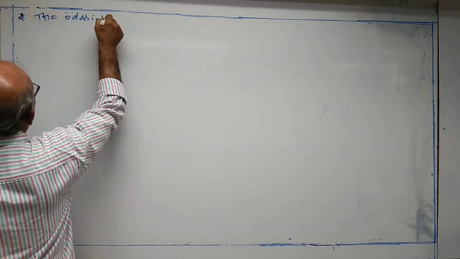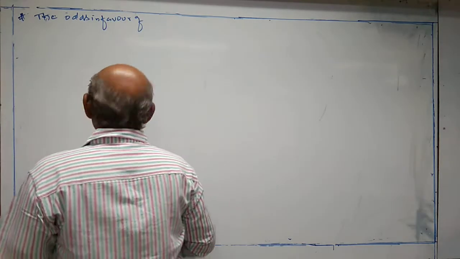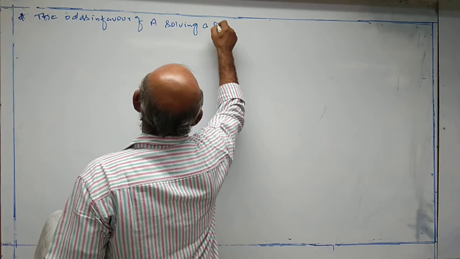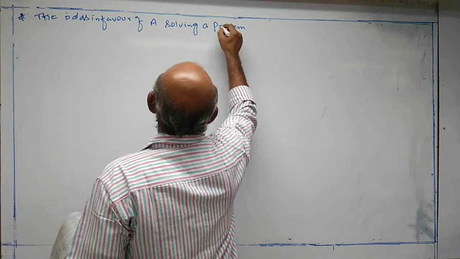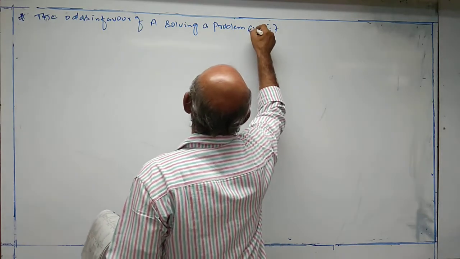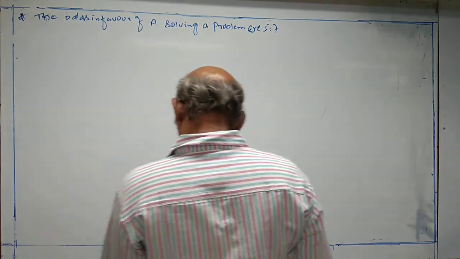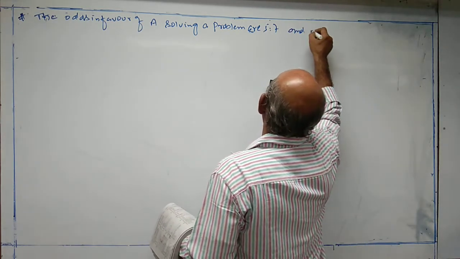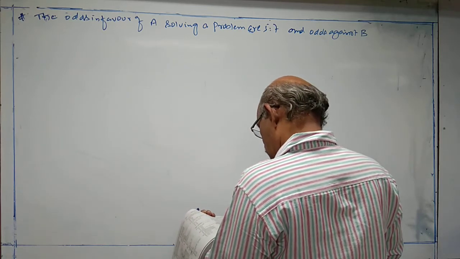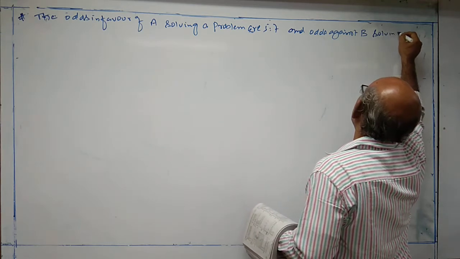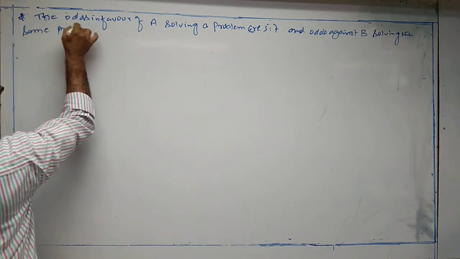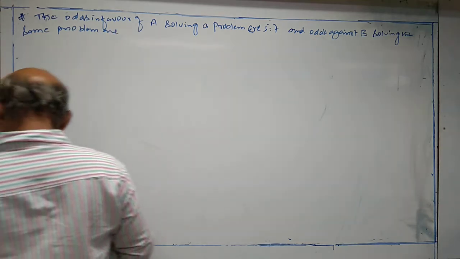The odds in favor of A solving a problem are 5:7 and odds against B solving the same problem are 9:6.